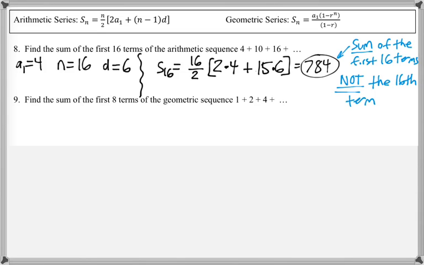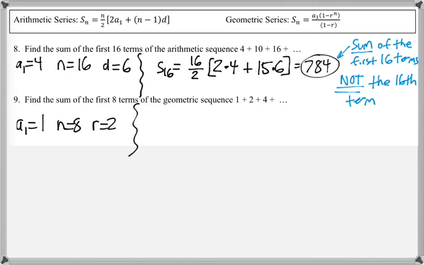Looking at number 9, they want us to find the sum of the first 8 terms of the geometric sequence 1 plus 2 plus 4. So my first term is 1, n is equal to 8, and r is equal to 2.